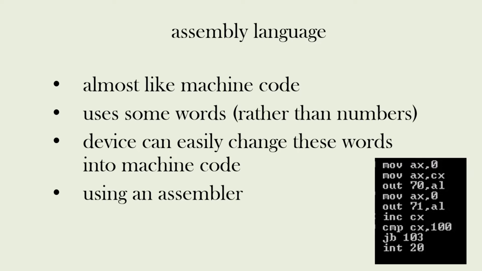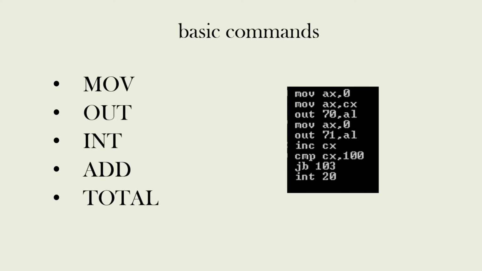So assembly language is like machine code, but instead of just using zeros and ones, we can actually use some words. Now these words can easily be changed into the machine code, and that uses something called an assembler to do that. So the assembly language uses very basic commands like add and move and int for numbers.